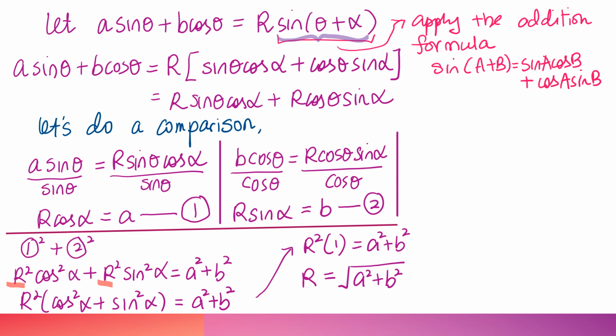Now the next thing is, what is the formula to find alpha? Right. So if you recall the connections, what connects sine alpha and cos alpha is tangent alpha. So tangent alpha is equal to sine alpha over cos alpha. So I'm going to take equation 2 and divide by equation 1.